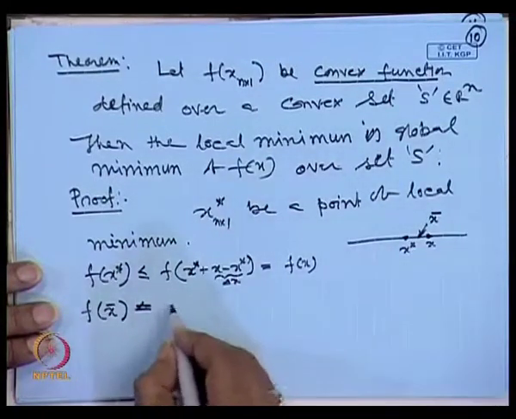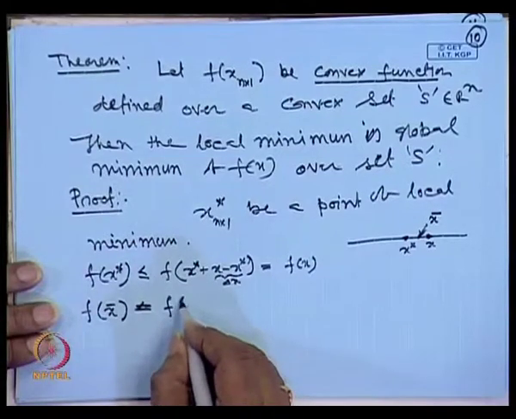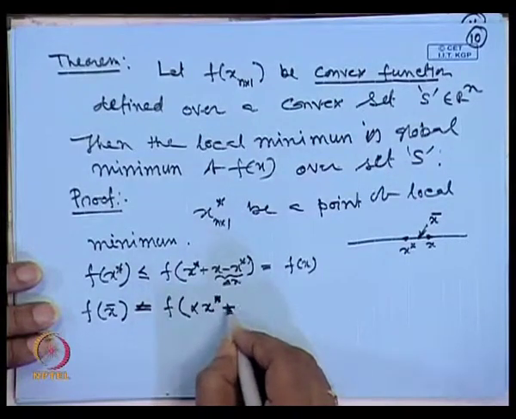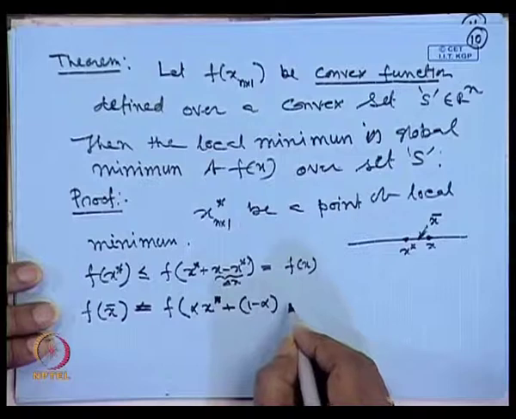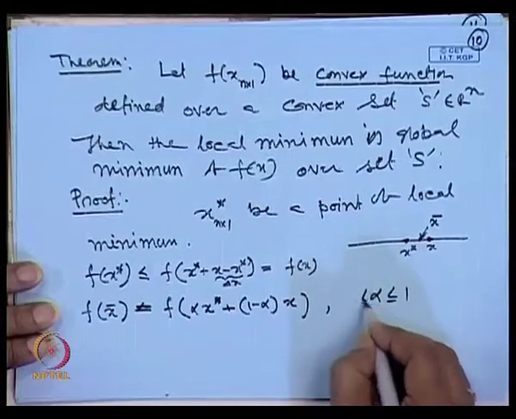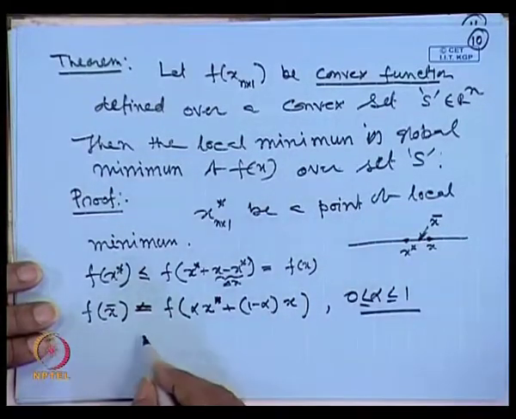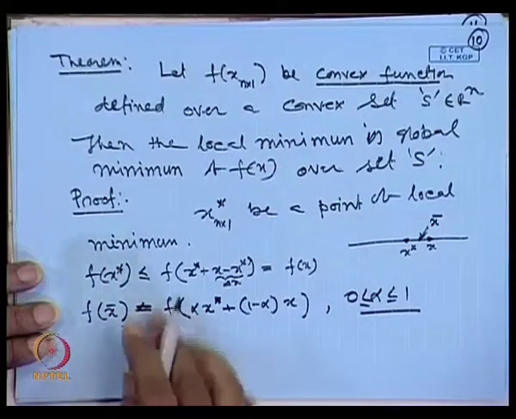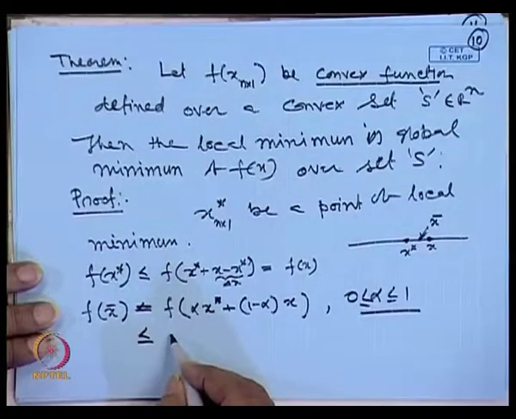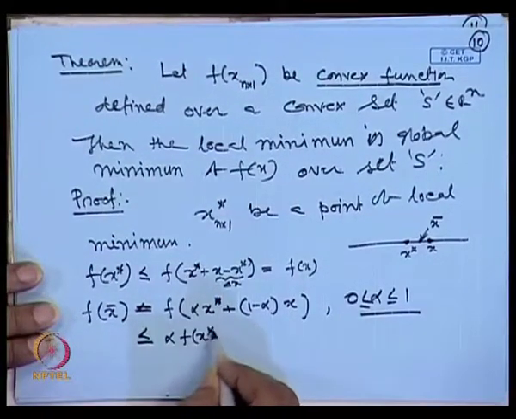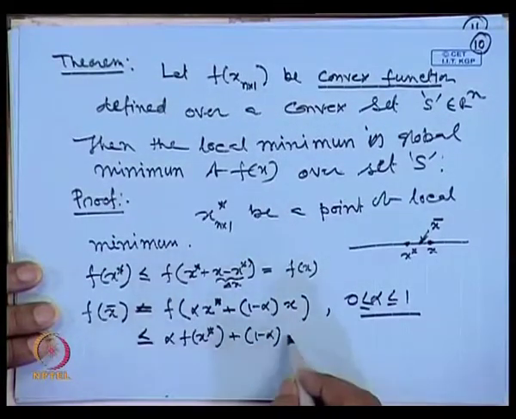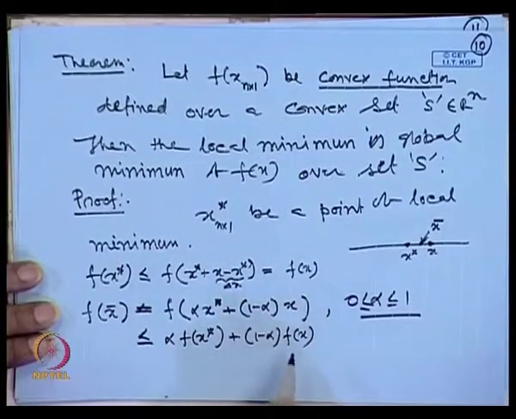I can write x bar is equal to alpha into x star plus 1 minus alpha into x, where alpha is between 0 and 1. Now, by the definition of a convex function, we can write f of x bar is less than or equal to alpha into f of x star plus 1 minus alpha into f of x.